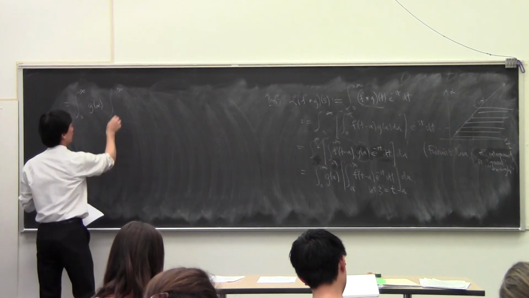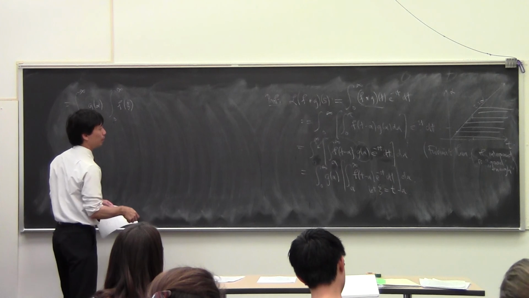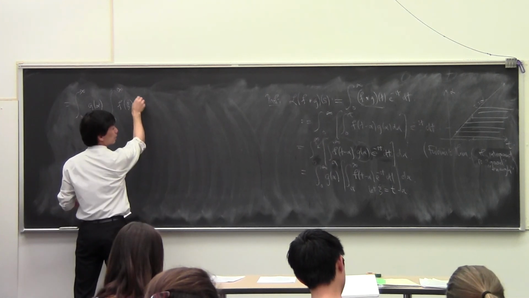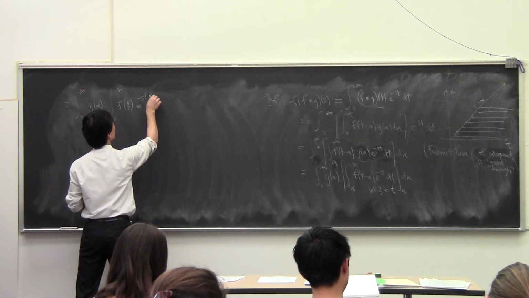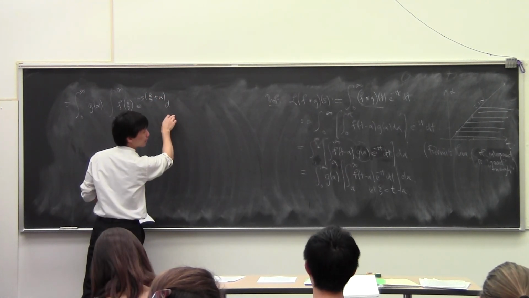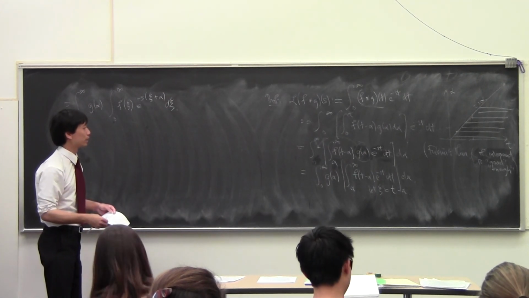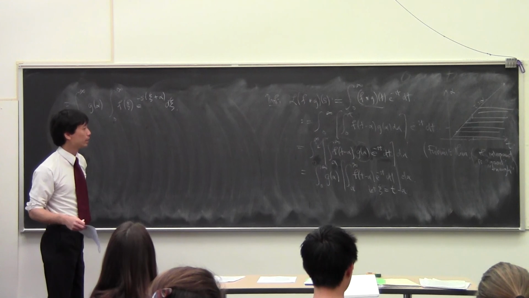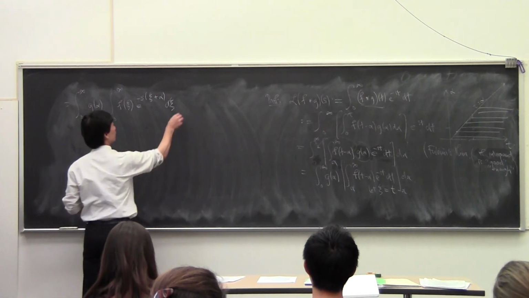We get f of c, e to the minus s times t, where t is c plus alpha, and then dt is dc because alpha is a constant inside that integral.